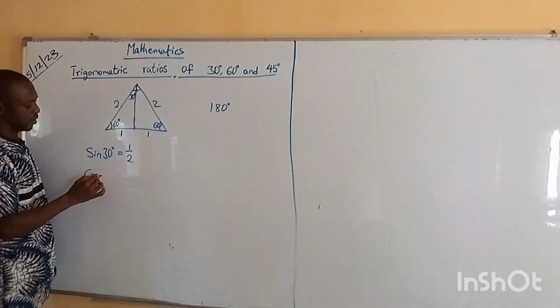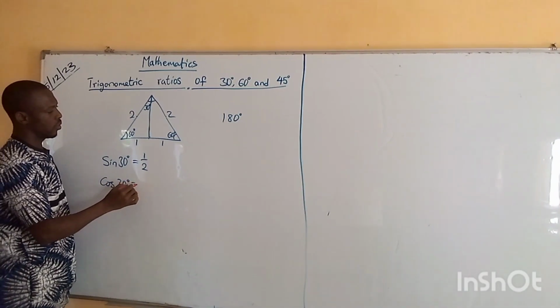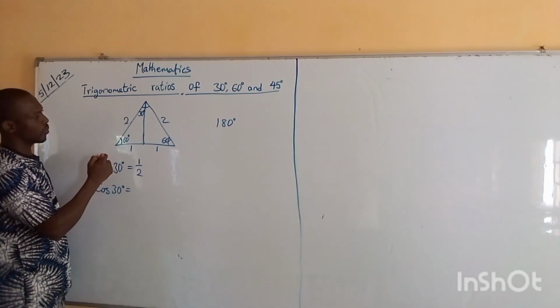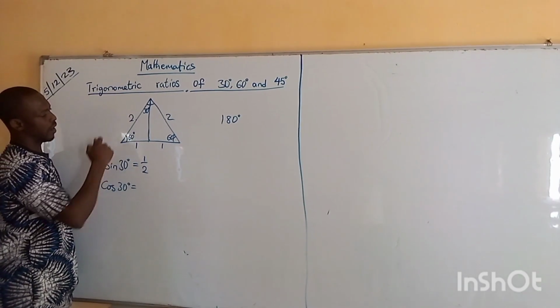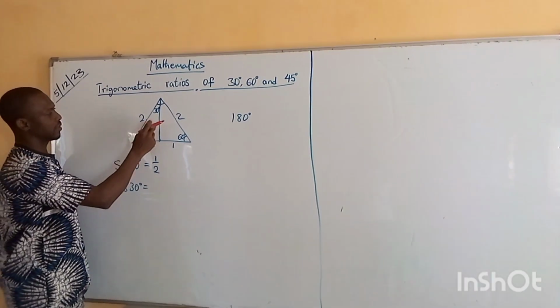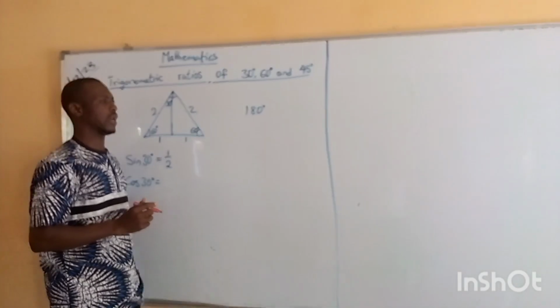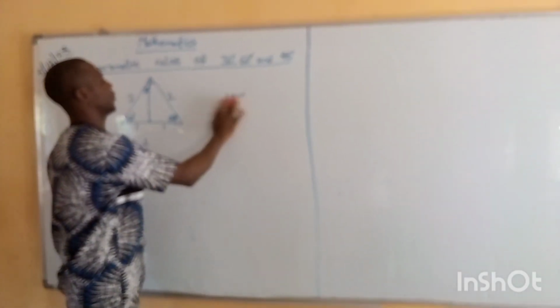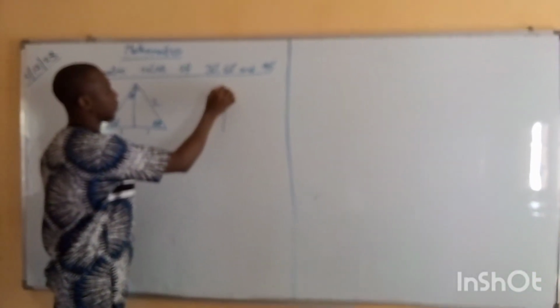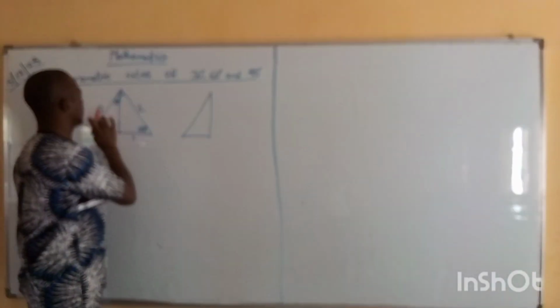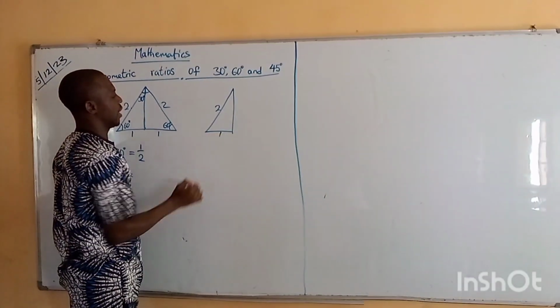Cos 30 degrees will be adjacent over hypotenuse. To get this adjacent, we use the Pythagoras theorem, because from there we have this side as 2, and here is 1.